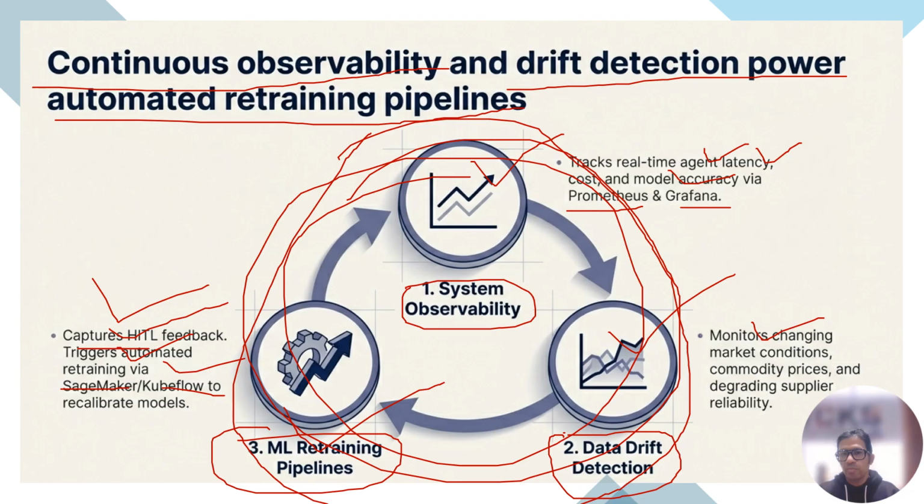With this loop, ProcureMind OS becomes a long-term operating system that improves over time. And in the next slide, we will go one layer deeper into infrastructure: how we achieve real-time performance, low latency, and scalable deployment across cloud stacks.